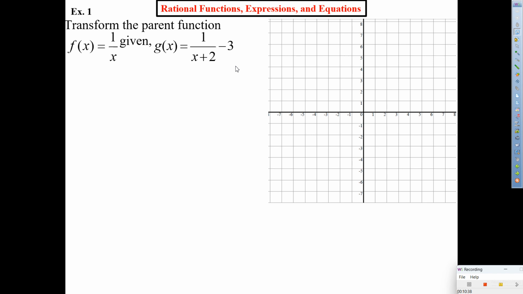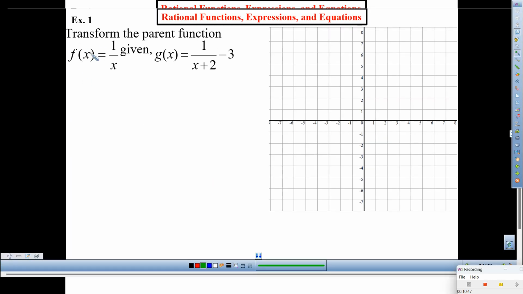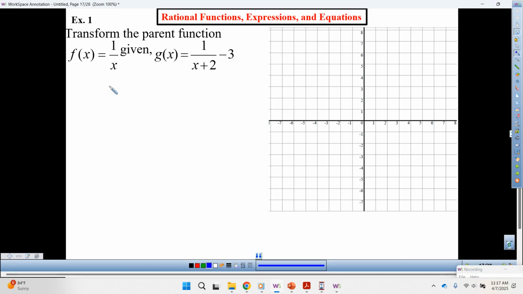So it says, transform the parent function f of x equals 1 over x. First things first, we need to graph the parent function with its VA and its HA. So, for this one, tell your neighbor what the VA is. X equals what? And the HA.